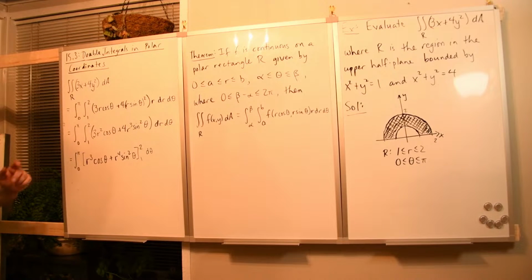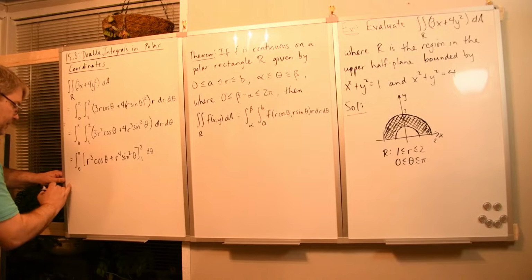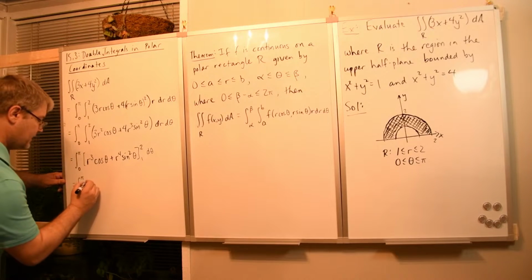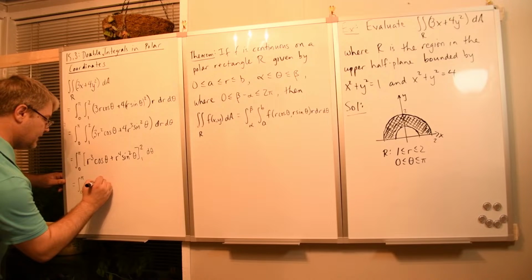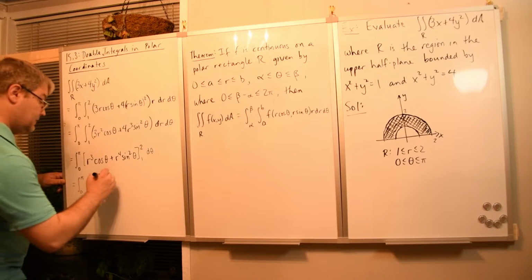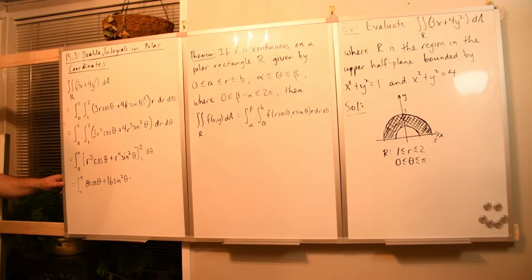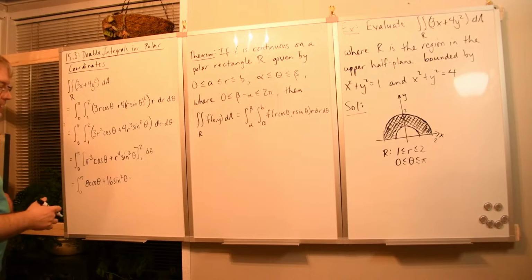Now, we have to plug in the 2 for r, and then subtract what we get when we plug in 1 for r. Now keep in mind that if we plug in 2 for r, 2 cubed is going to give us 8. We'll have cosine theta. 2 to the 4th gives us 16. And that'll be times sine squared theta. Then we have to subtract what we get when we plug in 1 for r.